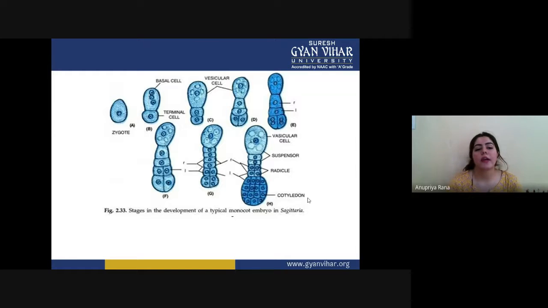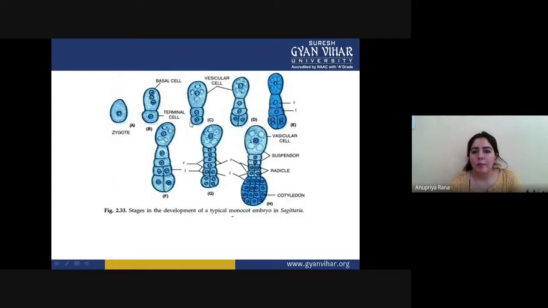You can also see the diagram here. This is a zygote. Now the cell is divided into three parts. The terminal cell is going to form the cotyledon. The basal cell is going to form the suspensor totally. The middle cell is converting into the radicle, plumule, and hypocotyl, and some of its cells will be converted into the suspensor.